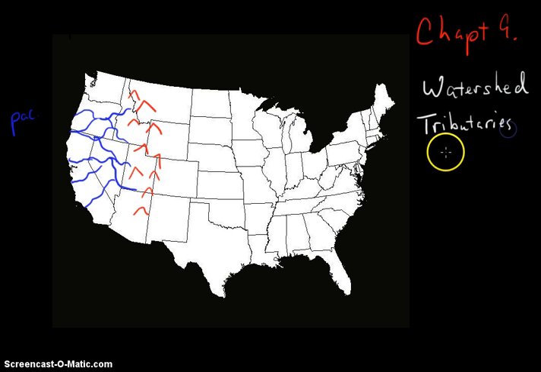Tributaries are all the rivers that flow into a larger body of water. Here we have some more tributaries, and eventually they'll flow into the Mississippi. It's a long way to go. All of these rivers and streams are tributaries of the Mississippi River, which goes along here.